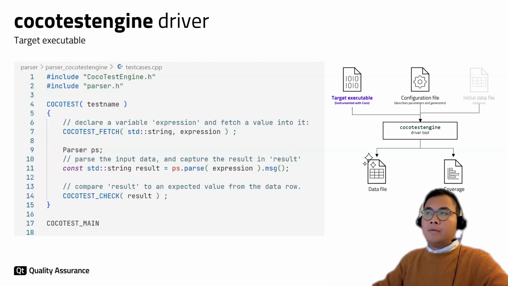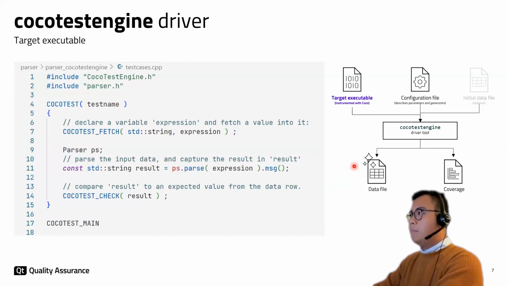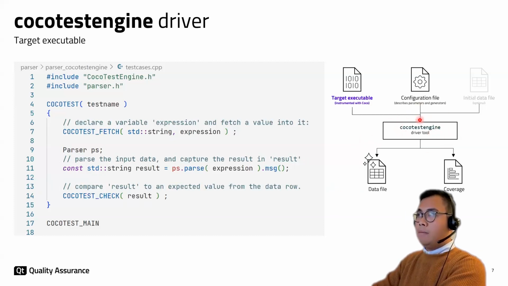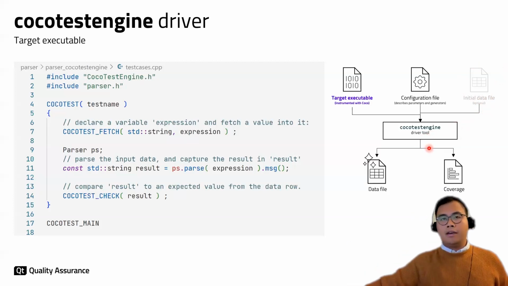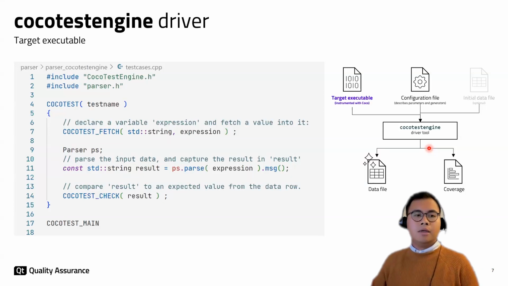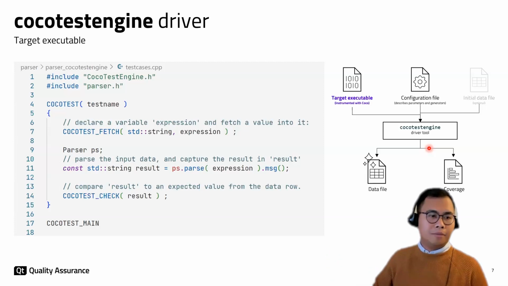The testing process will also be done by Coco Test Engine, and you will feed it a data file. Then it will give you the result of whether every row passed or failed. So it's basically done with any console-type unit test framework that's similar to that. So we don't have any way to do it manually by using a GUI.